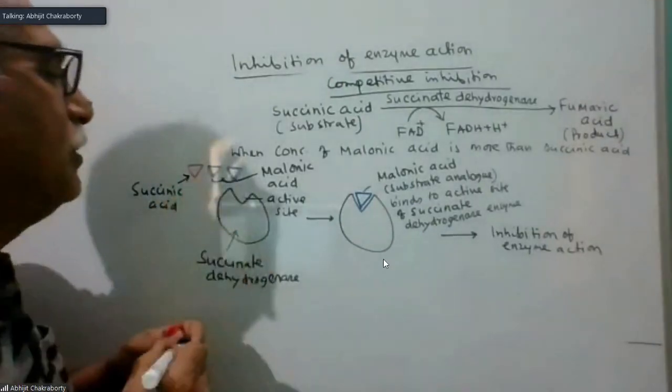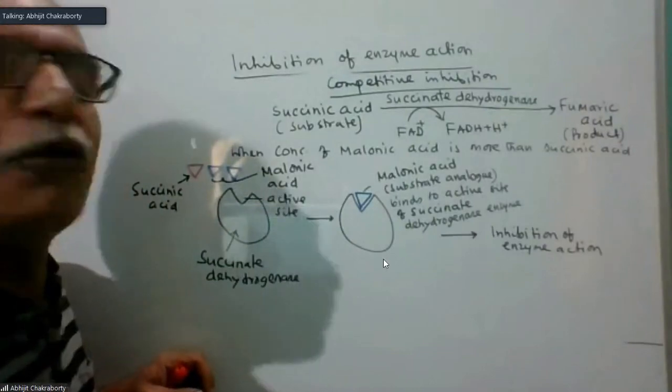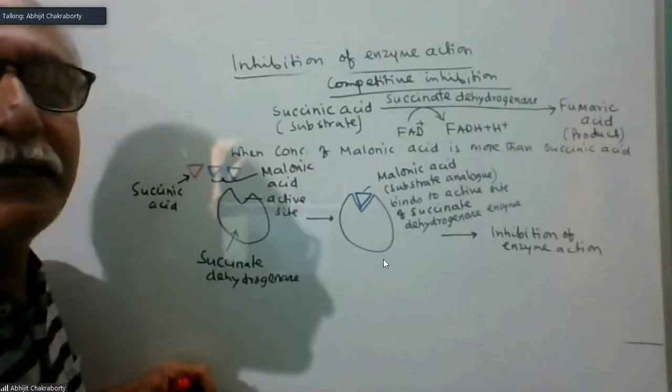So whenever the concentration of malonic acid is more than succinic acid, obviously malonic acid will occupy the active site of the enzyme, causing inhibition of enzyme action.